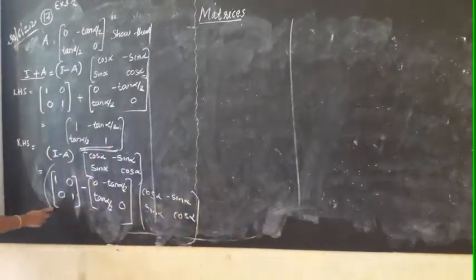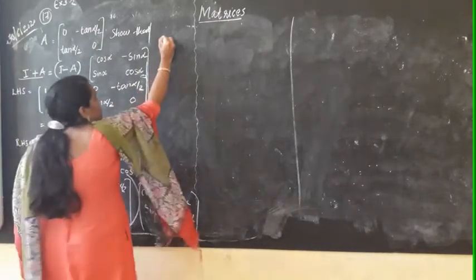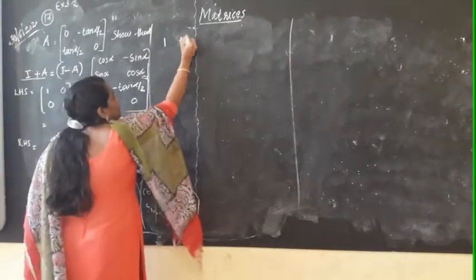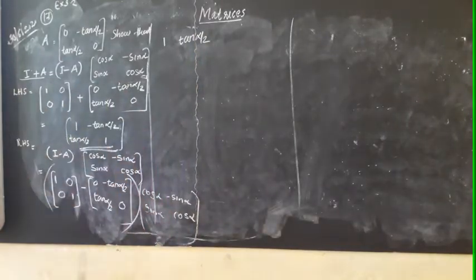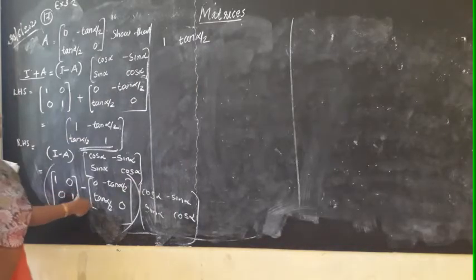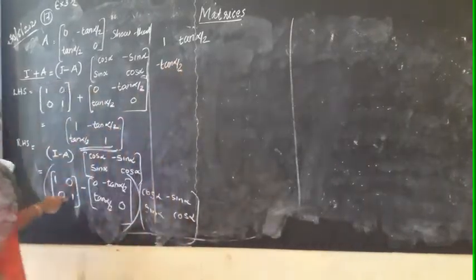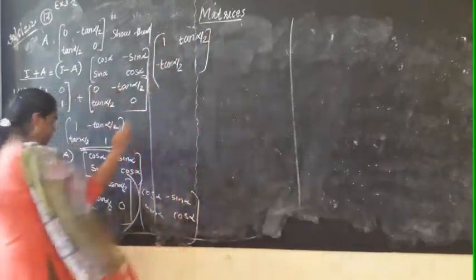Okay, now we can subtract this first. 1 minus 0, that is 1. 0 minus of minus tan alpha by 2, that is tan alpha by 2. Clear? Then 0 minus tan alpha by 2, minus tan alpha by 2. Then 1 minus 0, 1. That is, this part is over.